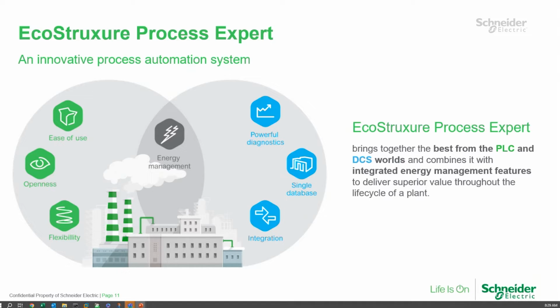On the DCS side, we see powerful diagnostics and close coupling and tight integration of the field devices with the control system and with the supervision system, all operating around a single database. And so EcoStruxure Process Expert is a DCS. It's based on standard tools that we have to offer.